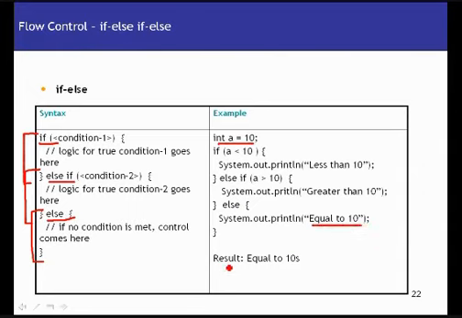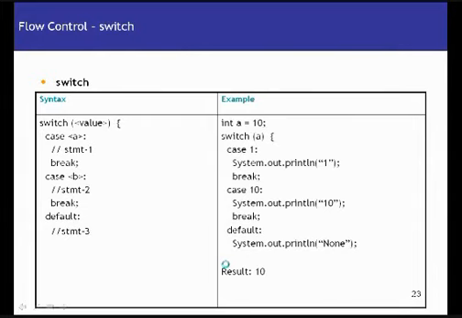Now switch. In switch it's somewhat similar to the if statement, right? You give a value in the switch statement, and what you have in case is basically a list of potential results for the value.